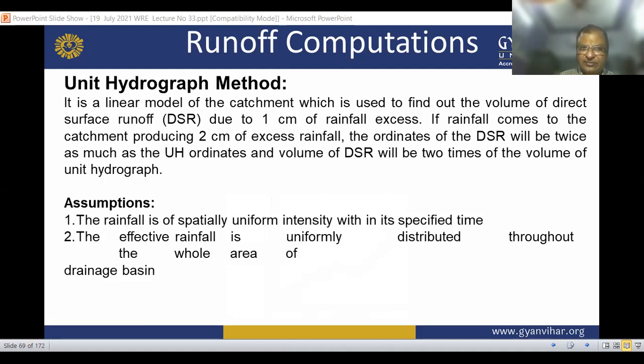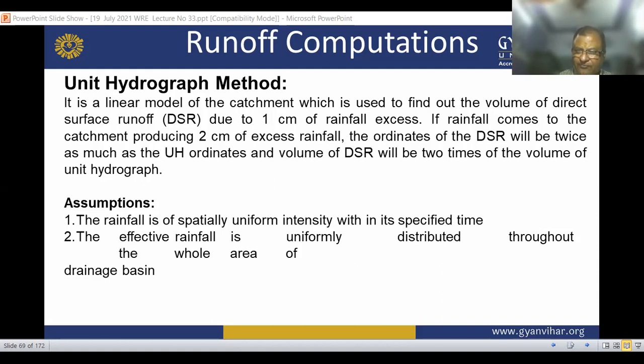So unit hydrograph method. It is the linear model of a catchment where we find out the volume of direct surface runoff, that is the DSR, corresponding to 1 centimeter of rainfall excess.